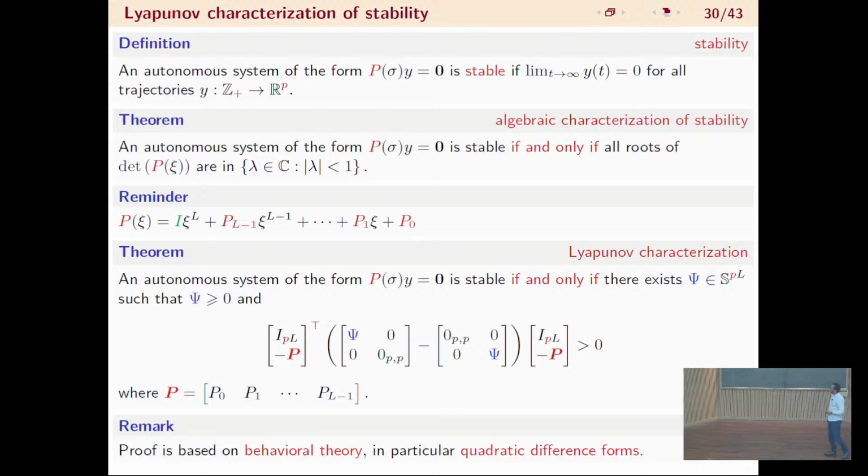I'm not going to prove it, but this can be proved. This is proved already in behavioral theory, in particular by using the so-called quadratic differential forms. Now, there is an entire analog of state space theory in terms of behaviors.